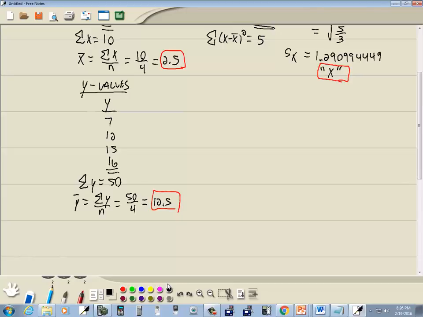Well, we need to find our standard deviation. So I need y minus y bar. So I'll have 7 minus 12.5, 12 minus 12.5, 15 minus 12.5, and 16 minus 12.5. That gives us negative 5.5.